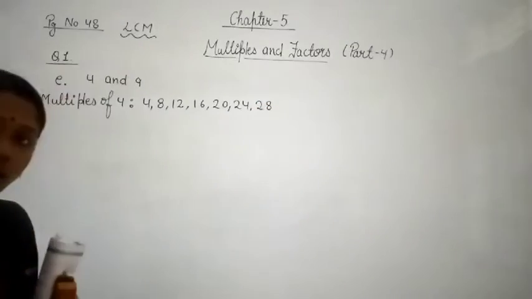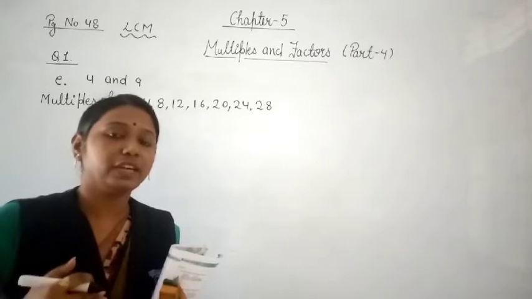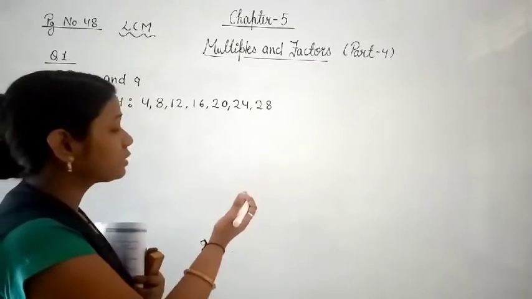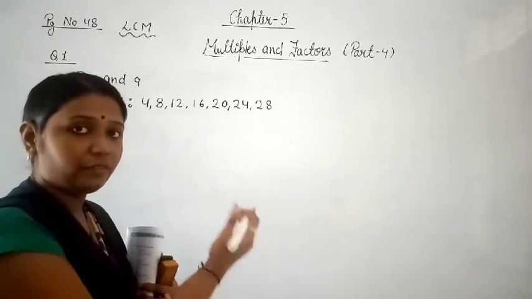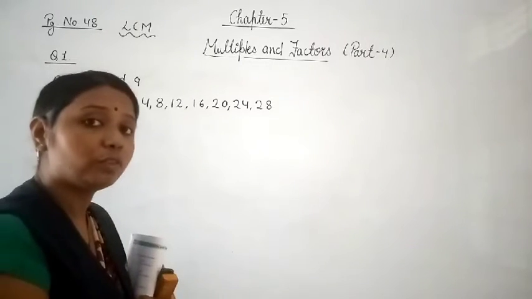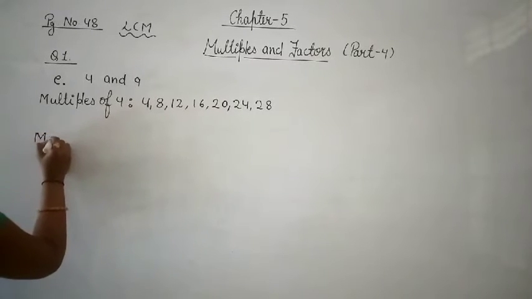As we all know, we can have infinite multiples of any number, so here I am not writing more than this. We will first check whether we are getting a common multiple here or not, and then we will move further. Clear?